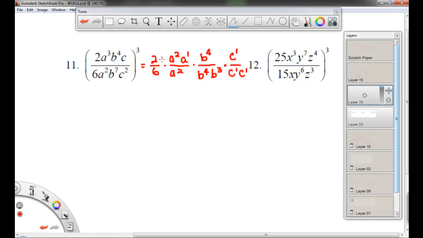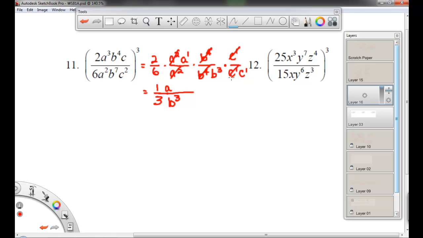So now I've broken everything apart where I can cancel the pieces I need by 1. So that will give me 1/3. The a squareds cancel, so I just have a on top. B to the fourth power cancels, so I have b to the third on the denominator.